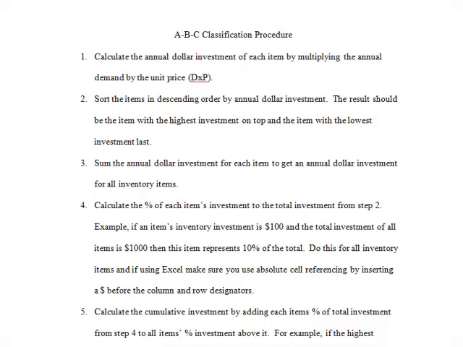Step 3 is to add up our annual dollar investment for each item so I know the total annual dollar investment for all the inventory items. I'm going to do steps 1, 2, and 3 on the spreadsheet.